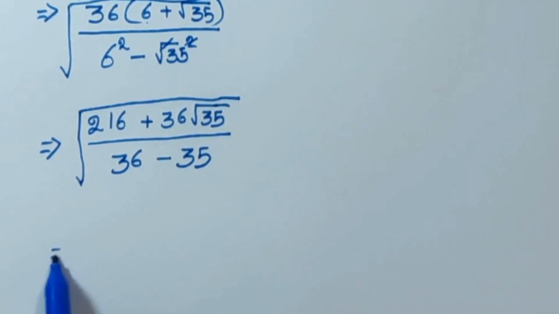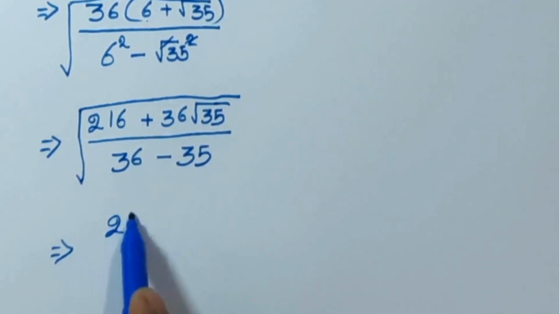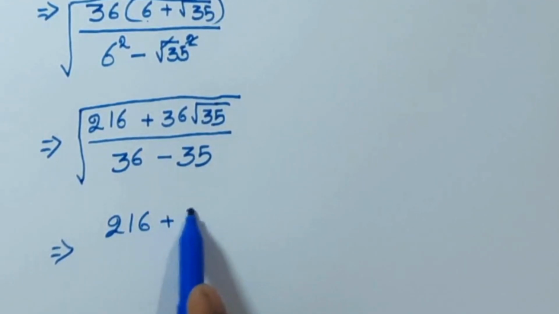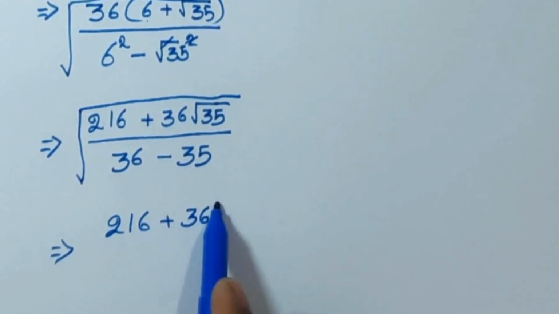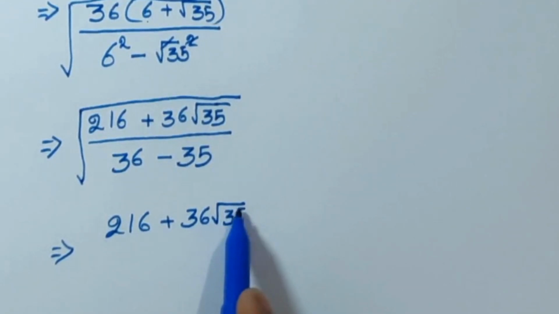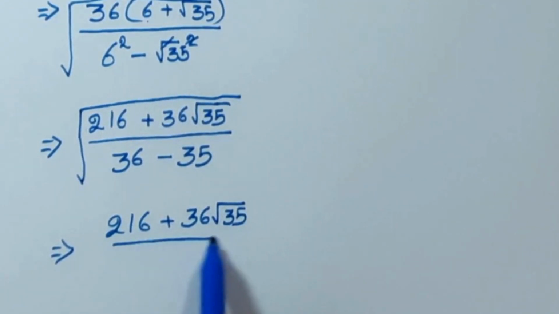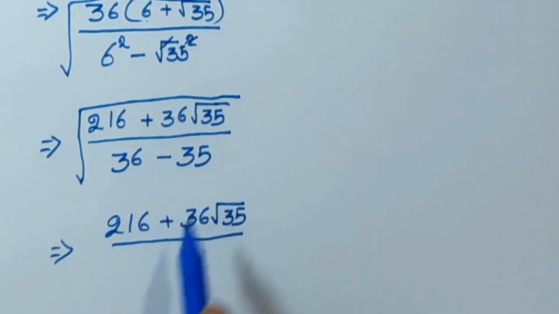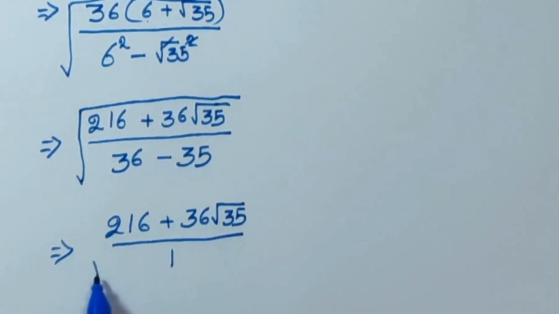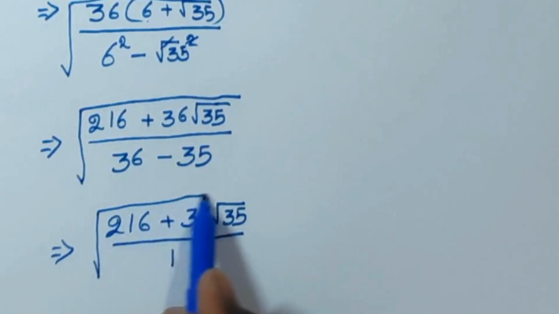Now 216 plus 36 square root of 35 by 36 minus 35 is 1, so whole square root.